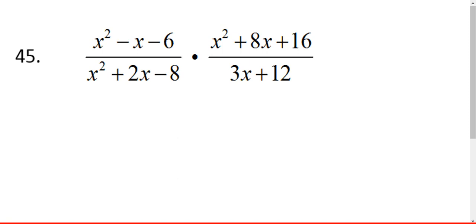Multiplying fractions, you really just want to factor everything. So factor x squared minus x minus 6. Multiply to be 6. Add to be 1. That's 2 and 3. Since it is negative, we need a negative 3 and a positive 2.